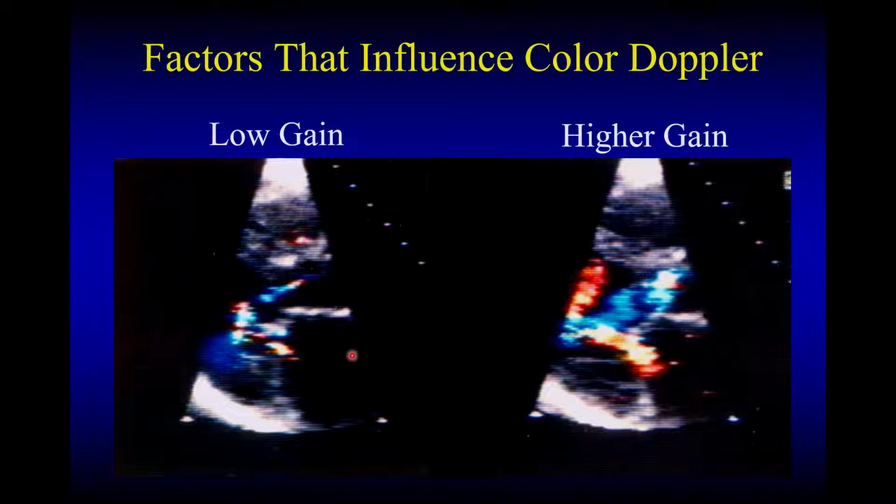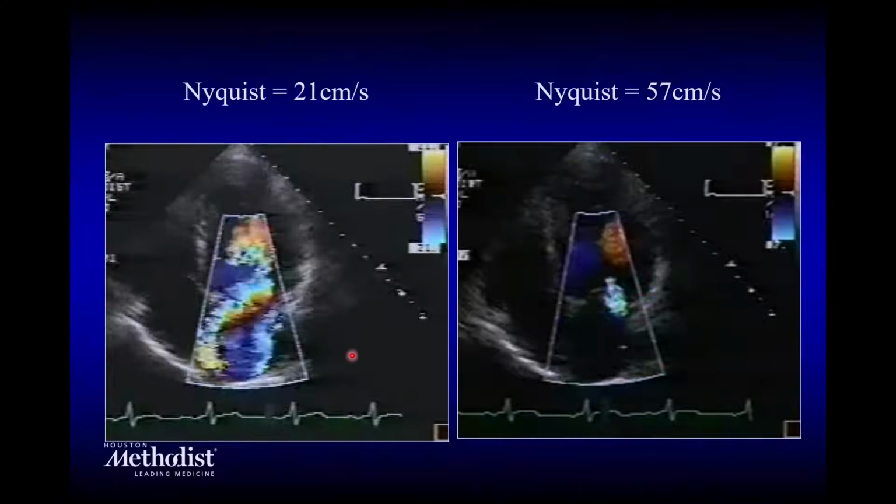But actually the best is to increase the gain enough to have a little speckle in the background, and that tells you that you have optimized the gain for that particular individual. If people bring down the gain too much, you're going to underestimate what the color Doppler is for a particular jet or flow.